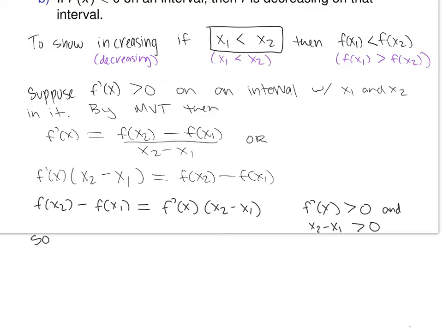So you've got something positive times something positive, which makes a positive. So f of x2 minus f of x1 has to be bigger than 0 because the right side is positive.